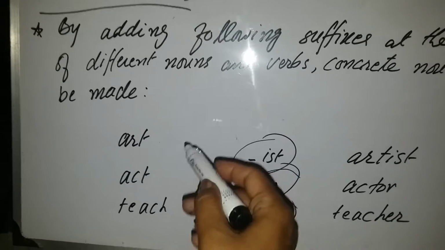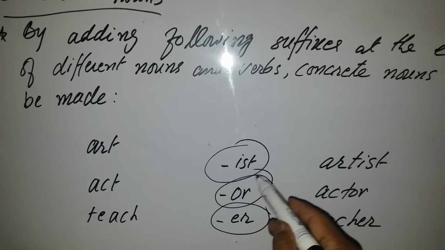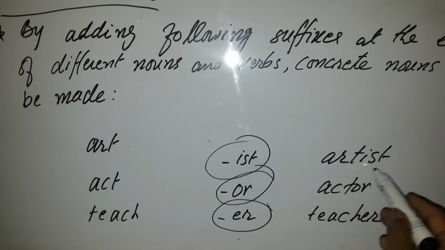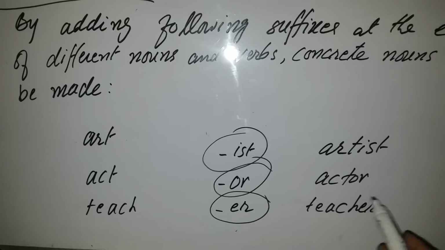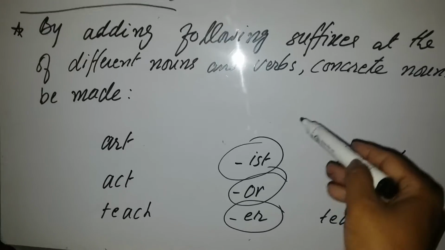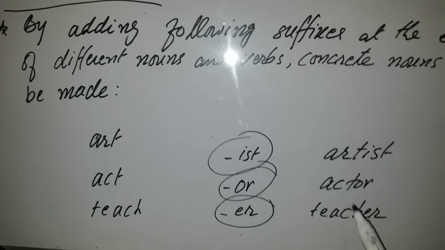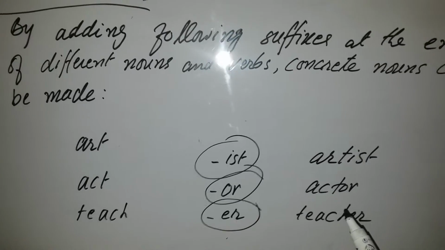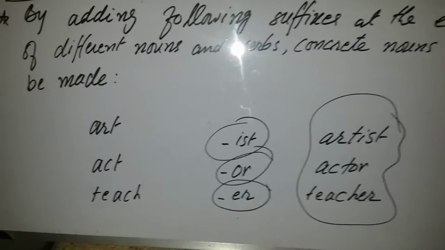For example, art: we put ist after it and it has become artist. Act, actor. Teach, teacher. So by putting these suffixes at the end of these kinds of verbs or nouns, we create different nouns and they will be called concrete nouns, because they have physical existence.